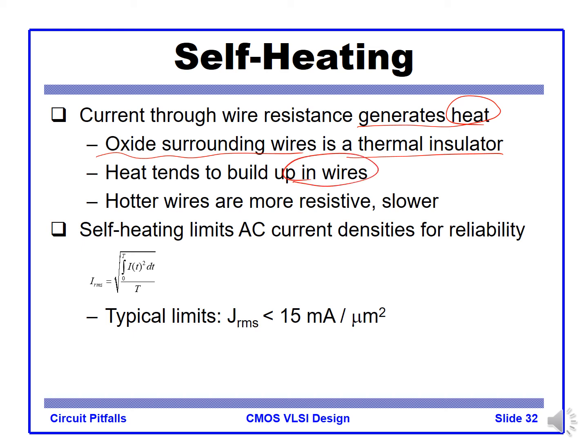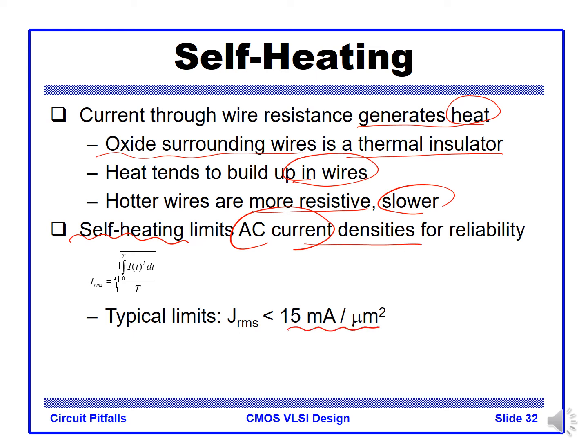Hotter wires are more resistive and slower. A hot temperature makes the wire resistance larger, making it slower. The self-heating AC current limitation is typically 15 milliamp per micrometer square.